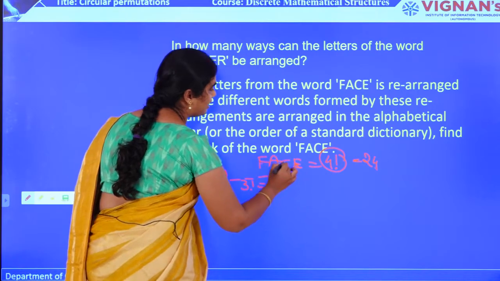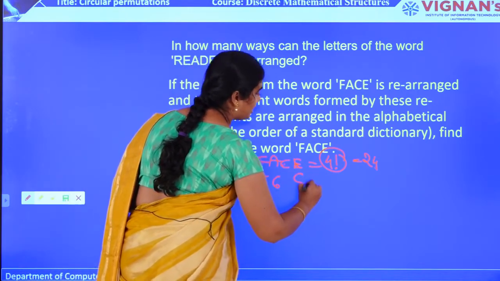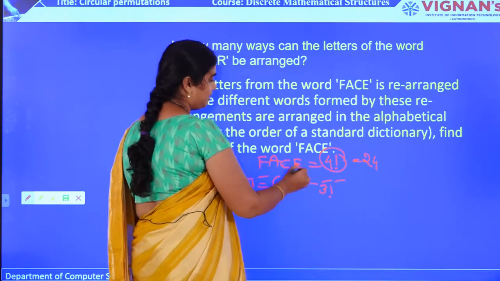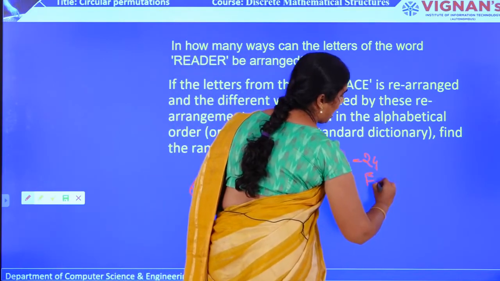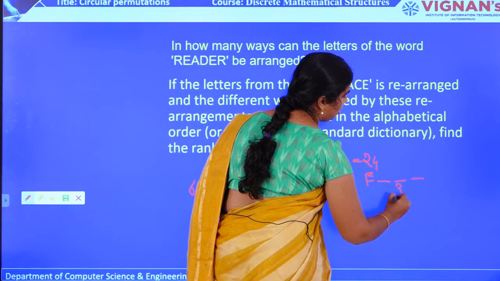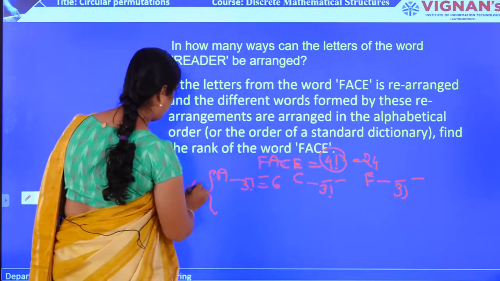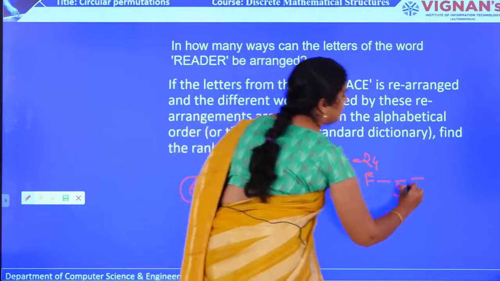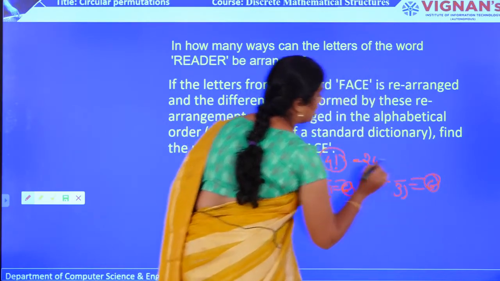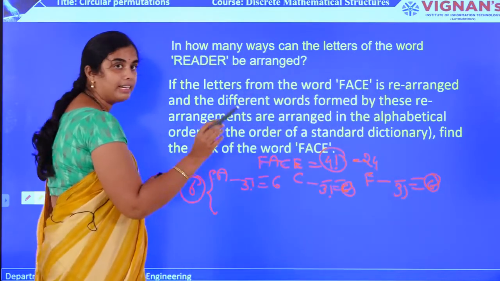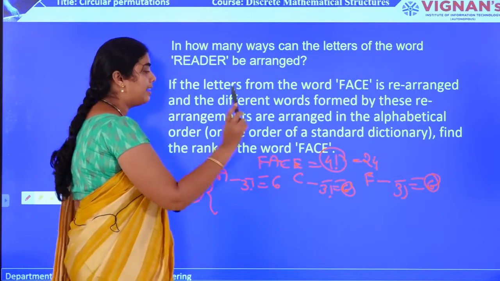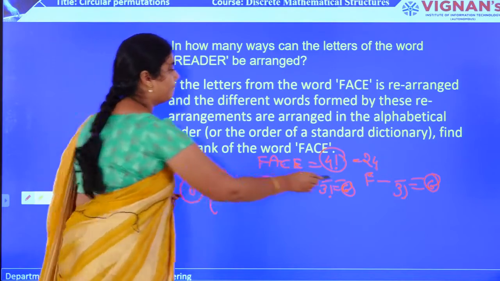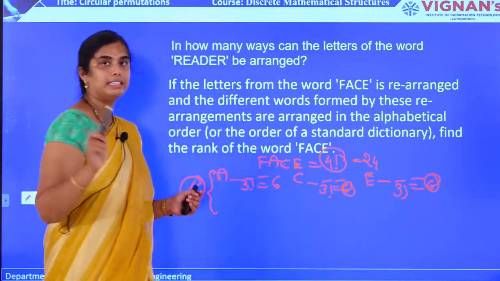Then again, C is there. So C is fixed and the remaining 3 are arranged in 3 factorial ways. Next E is fixed and the 3 are arranged, that is also 3 factorial ways. So here 6 words will come, here also 6, and here also 6. So the words starting with A will be 6, starting with C will be 6, and starting with E will be 6.